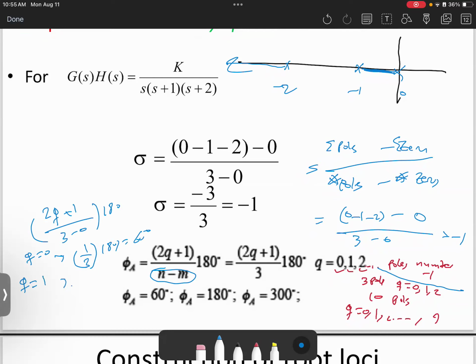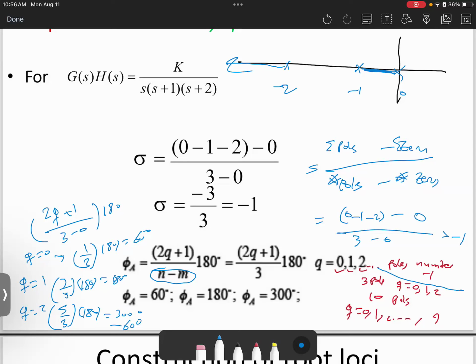This will be 3 divided by 3 times 180, which will be 180. Then if you q equal 2, this is the last one, 2 times 2, 4, plus 1, 5 over 3 times 180. This will be 300, or in other words, negative 60 degrees, okay?